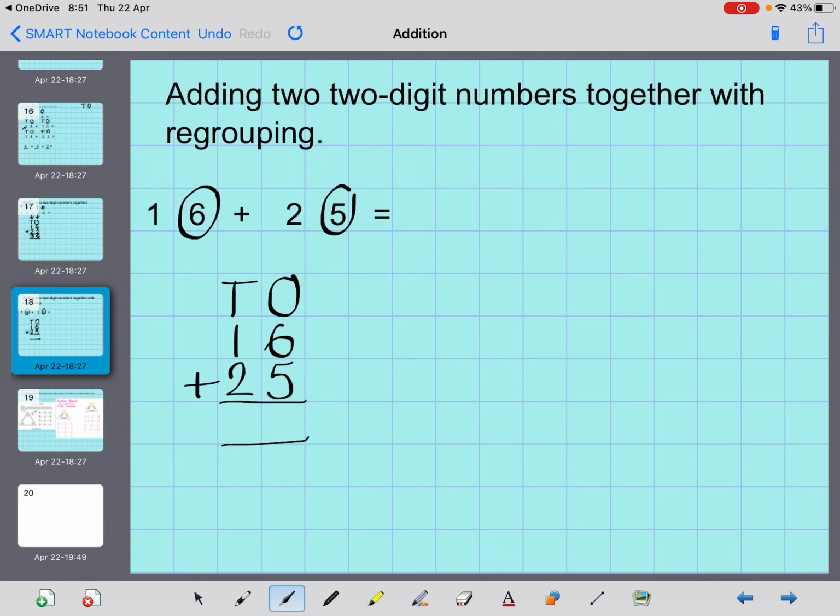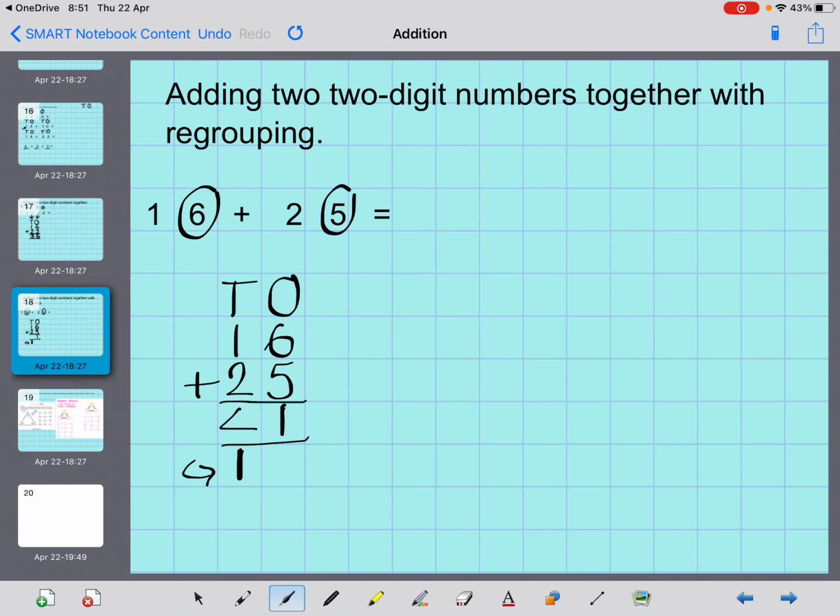I know that 6 and 5 makes 11, so I would put the 1 from 11 in the ones column and the 10, the other digit, in the tens column. And then I need to remember to add that on once I add my tens. So 1 add 2 is 3, and then I need to remember to add that last one there.